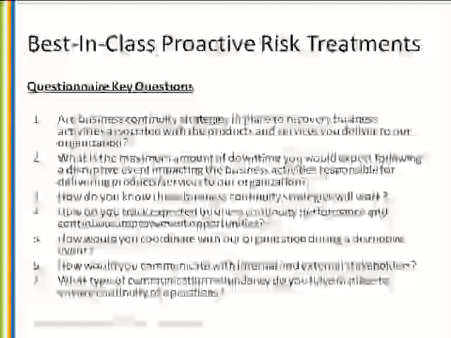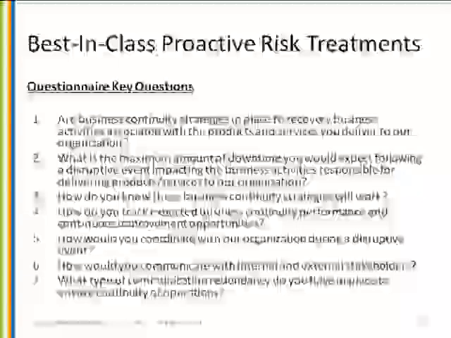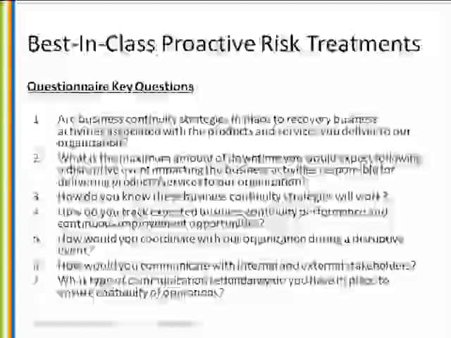For critical supplier relationships or suppliers in a high-risk environment, maybe it's worthwhile to use what we're going to introduce here as discussion points as opposed to simply questions. There are 7 of them that we'd like to introduce. The first is: are business continuity strategies in place to really recover business activities associated with the products and services you deliver to the organization?